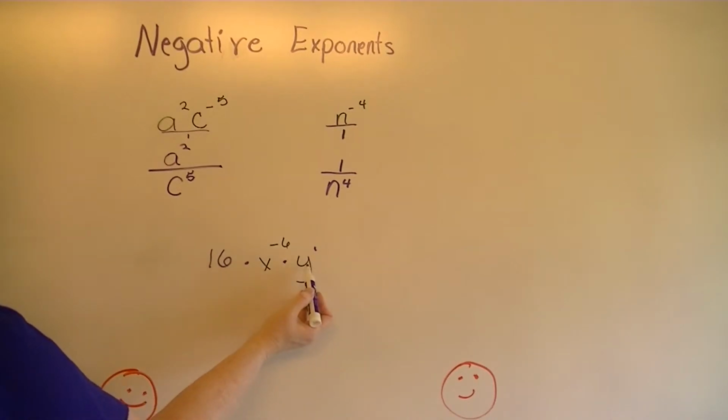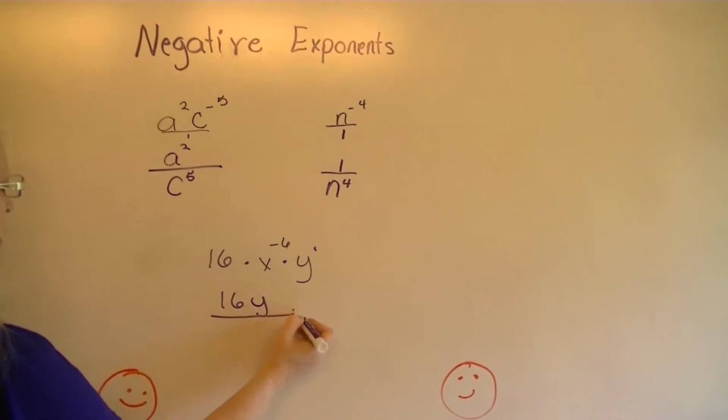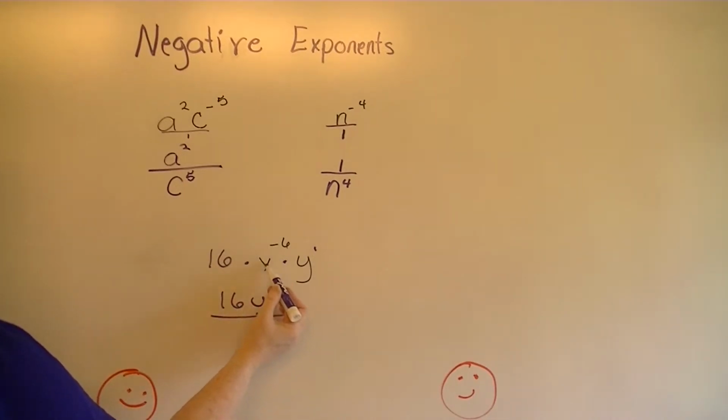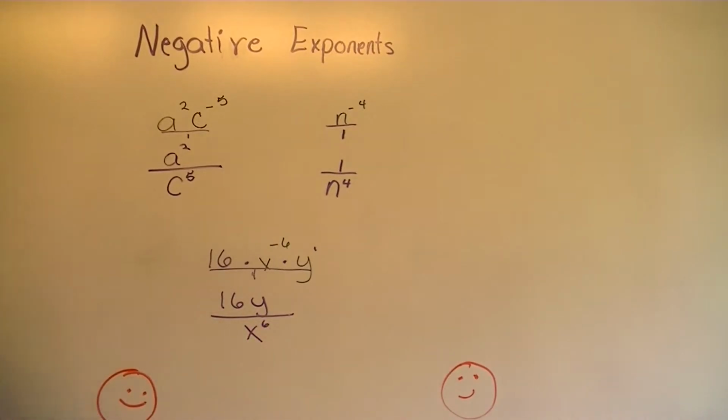Well, the 2 that don't have negative exponents are just fine. So I'm going to go ahead and write those on top, and then I'm going to flip the x. It's really in the numerator if you think of this over 1. So I'm going to flip it to the denominator, and then again the exponent becomes positive.